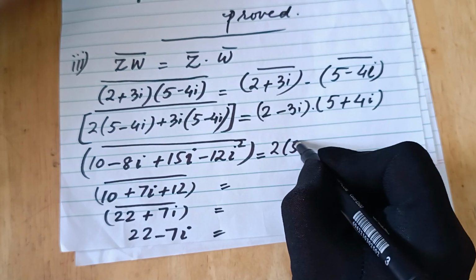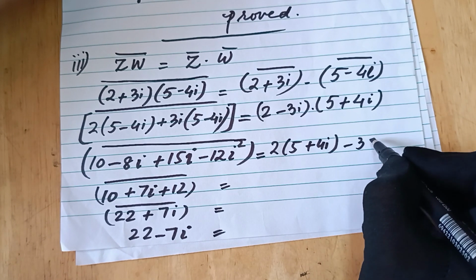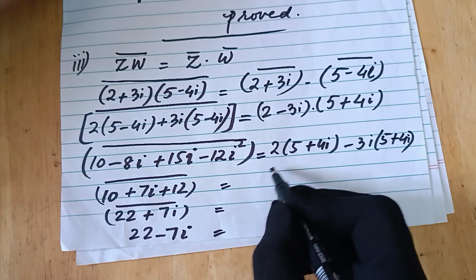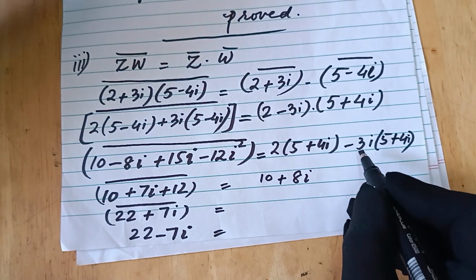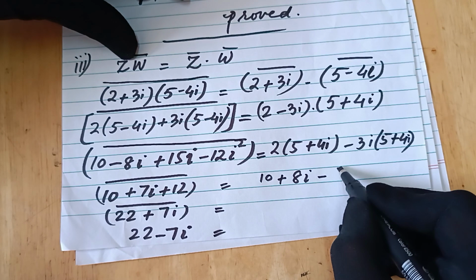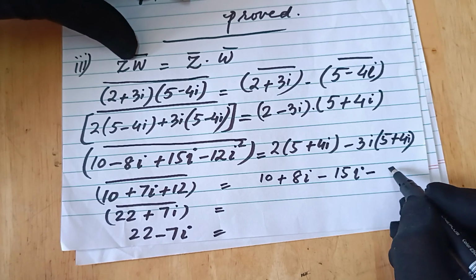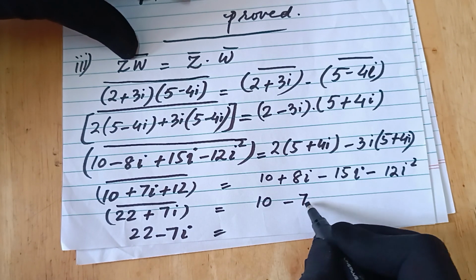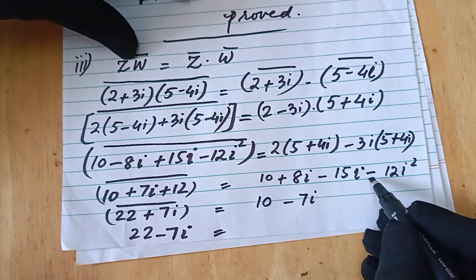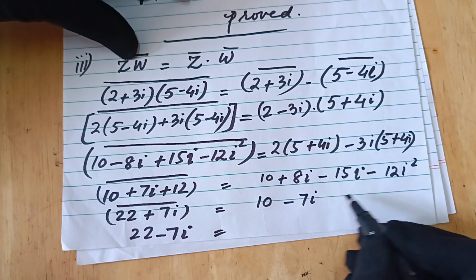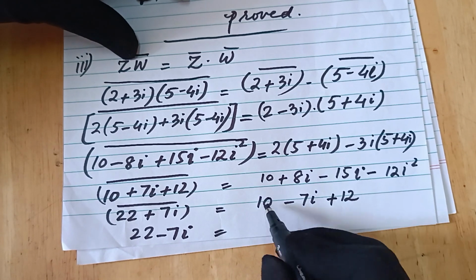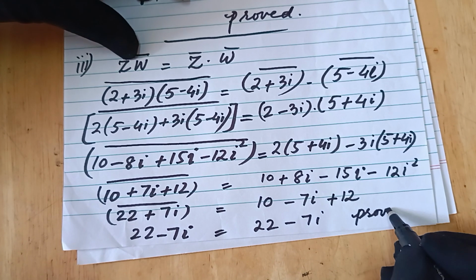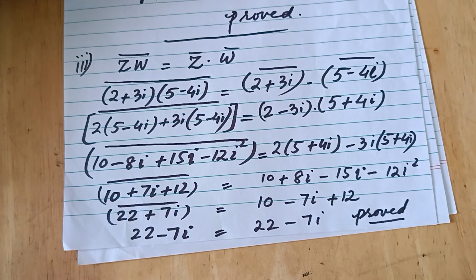Now multiply 2 times (5 plus 4i) in the normal way, and minus 3i times (5 plus 4i). 2 fives are 10, 2 times 4i is 8i, minus 3 fives are 15i, minus 3i times 4i is minus 12i square. 10, then 8i and 15i subtract to give minus 7i, and minus i square changes to plus 12. 10 plus 12 is 22 minus 7i. And hence this is proof that both sides are equal to each other.